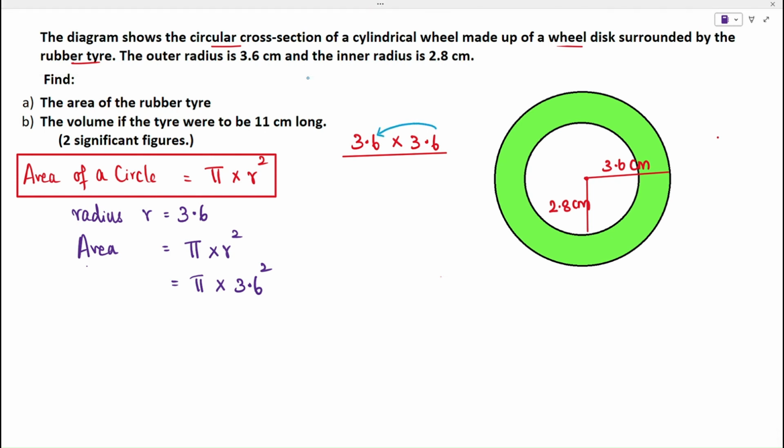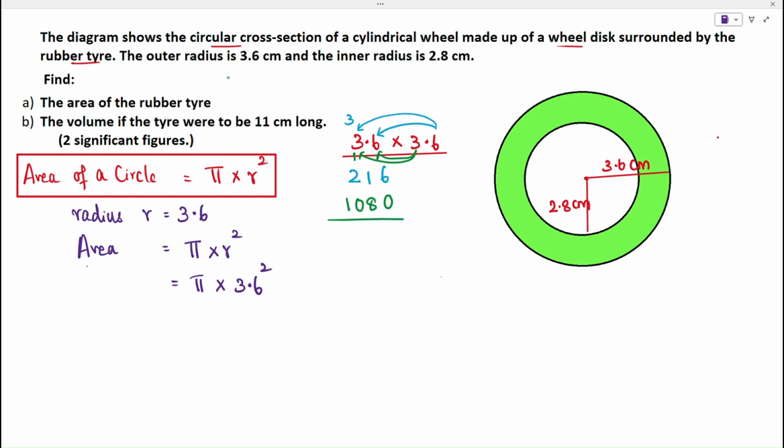So we write our 6 and carry over our 3. We have 6 times 3, which is 18. And we add our 3, which is 21. Now we add our 0 because we're going to the next value over. So we have 3 times 6, which is 18. So we write 8 and carry our 1. And we have 3 times 3, which is 9. And we add our 1, which gives us 10.